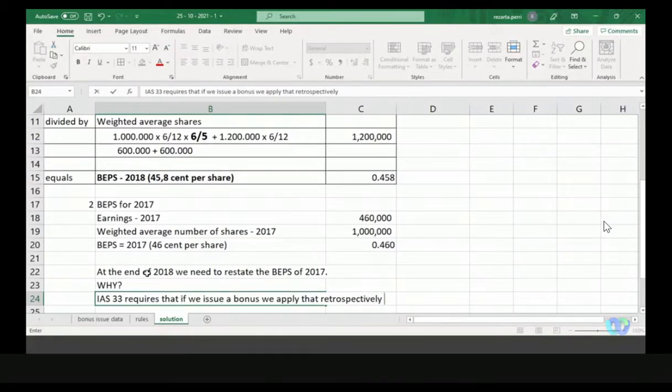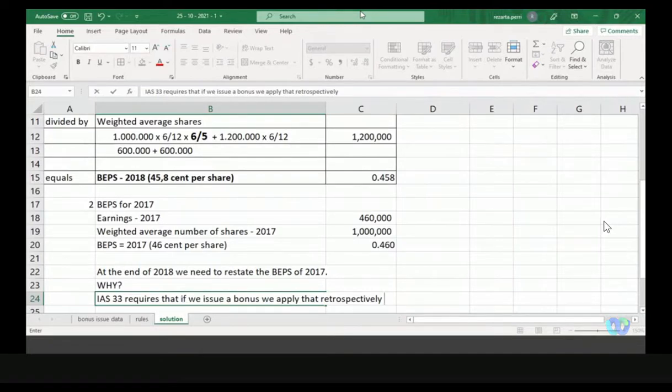That is, we take it back in time to the earliest period that we are reporting. Remember that when we report the financial statements for 2018, we also state the amounts for the previous year, that is 2017.